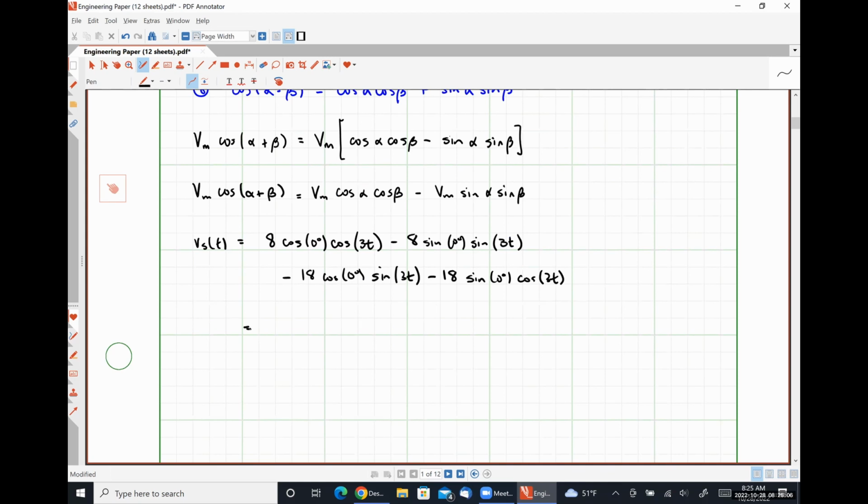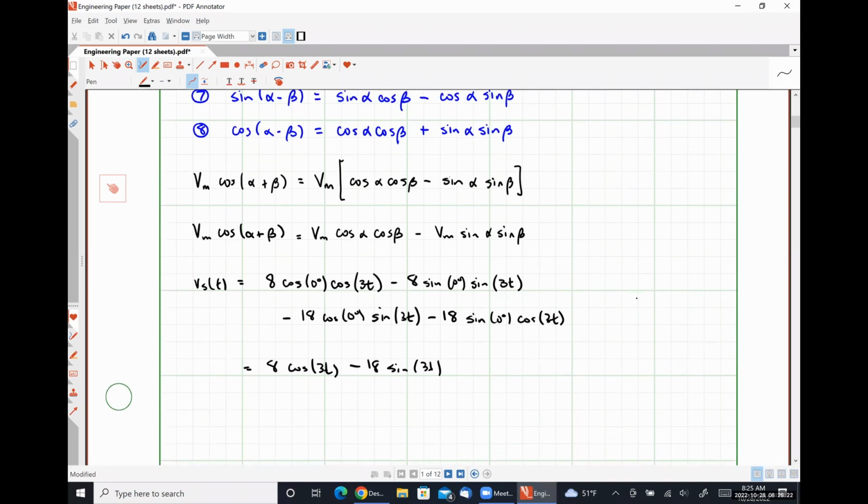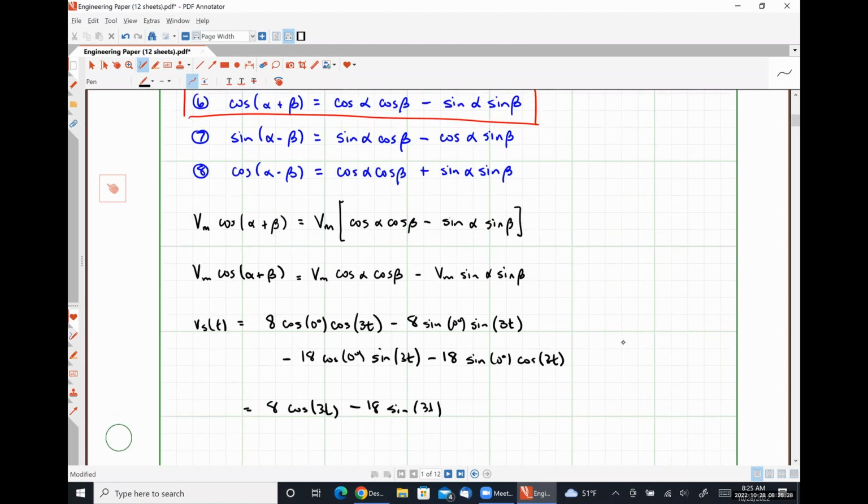So if I put all this together, this is going to look like 8 cosine 3t minus 0 minus 18 sine 3t minus 0, which, yeah, that did nothing. Sorry, this is frustrating. That was all a waste of time. Sorry for putting you through it.